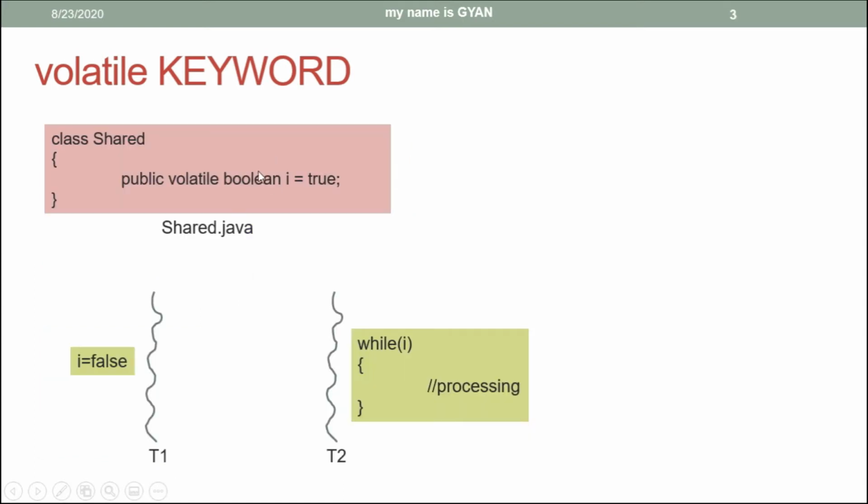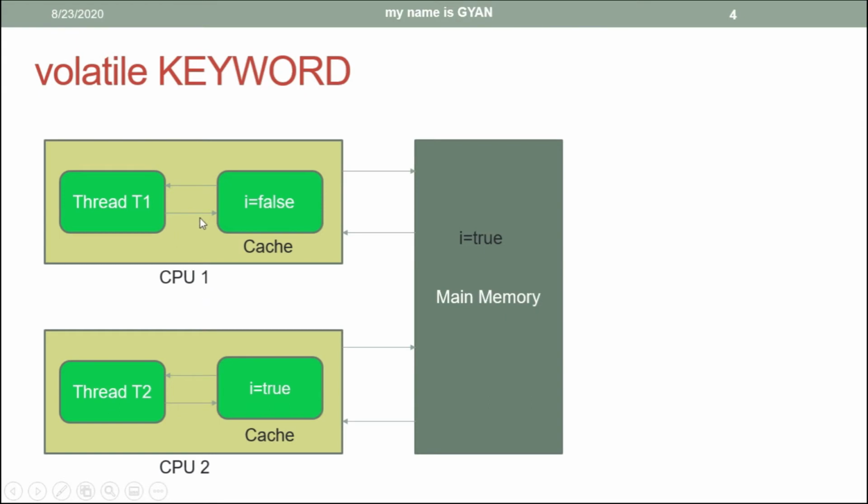The solution to this problem is to write volatile here. When you write volatile, whenever there is an update for a value in the cache, that update will be instantly reflected to the main memory. And whenever another thread has to read a variable, that variable will be read from the main memory, not from its cache.